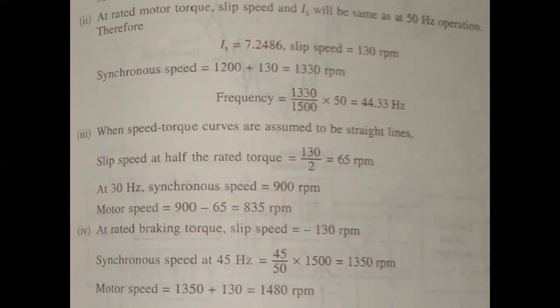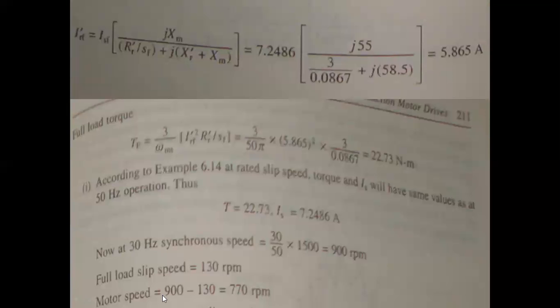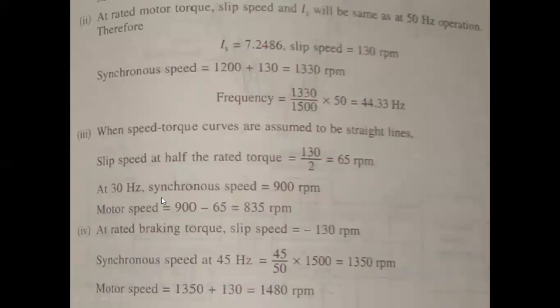And at 30 Hz, we have to calculate the synchronous speed. Before we calculated 30 by 50 into 1500, that is 900 RPM.